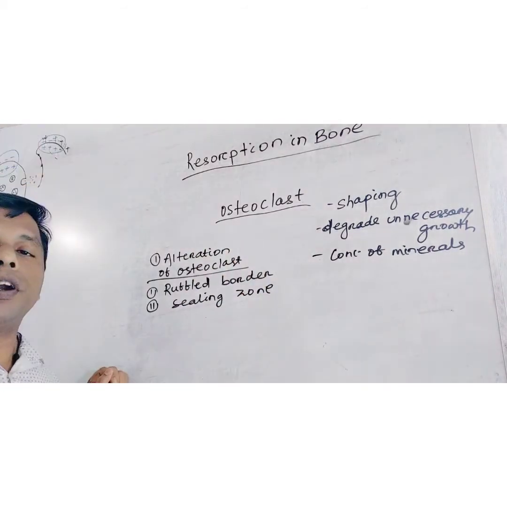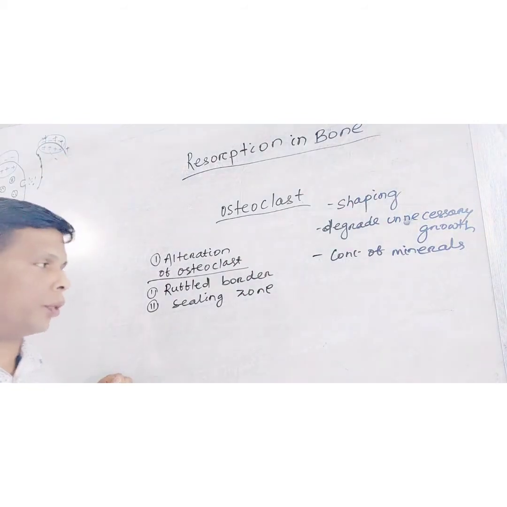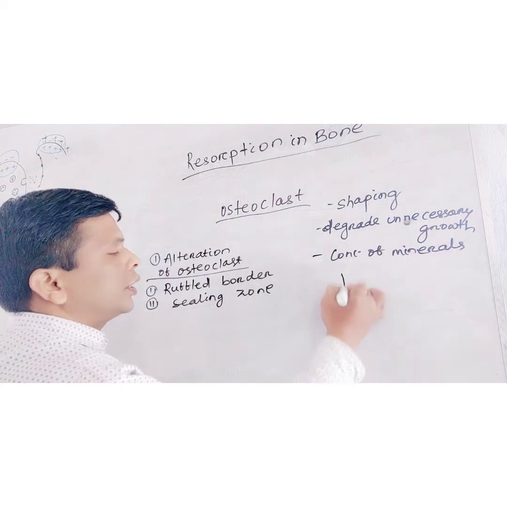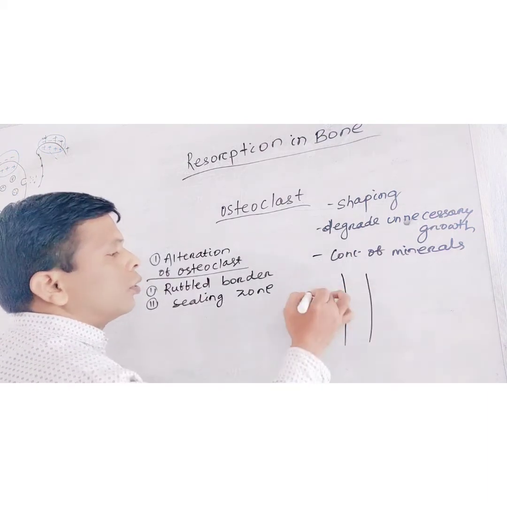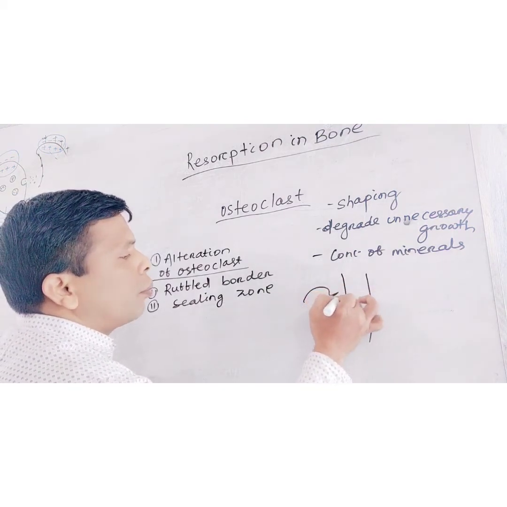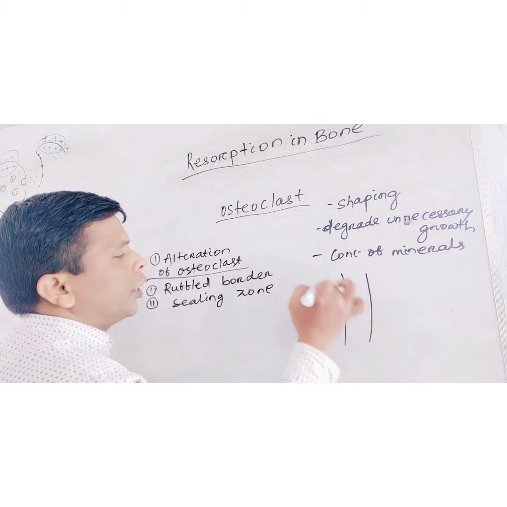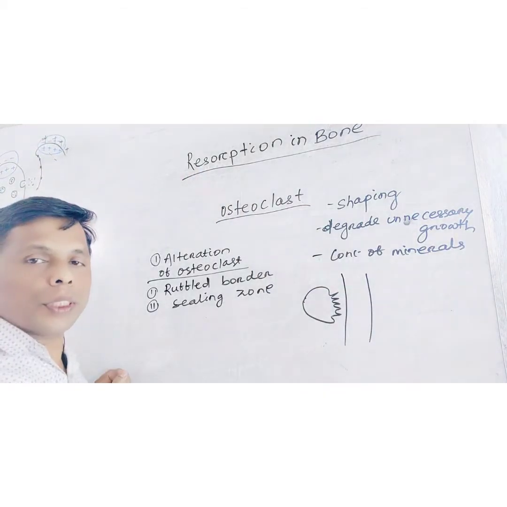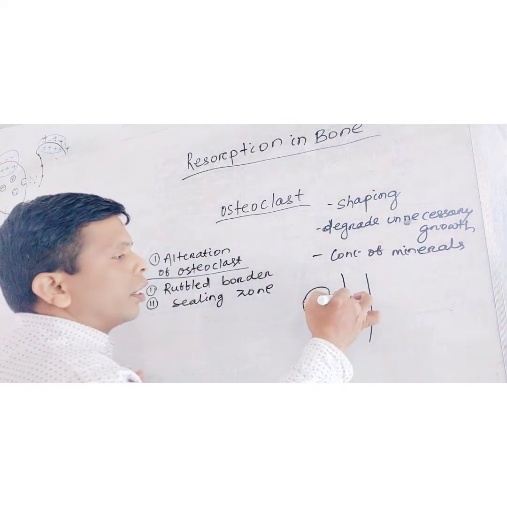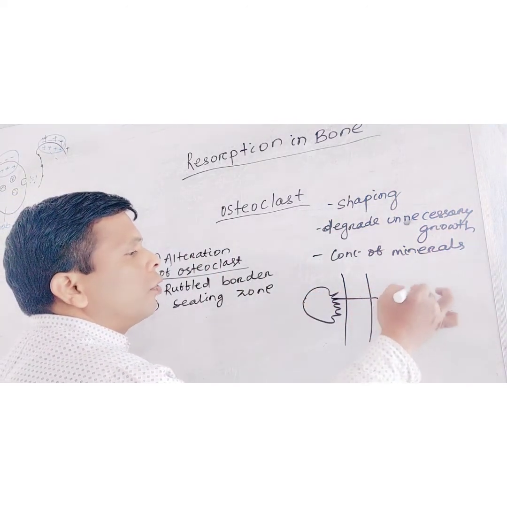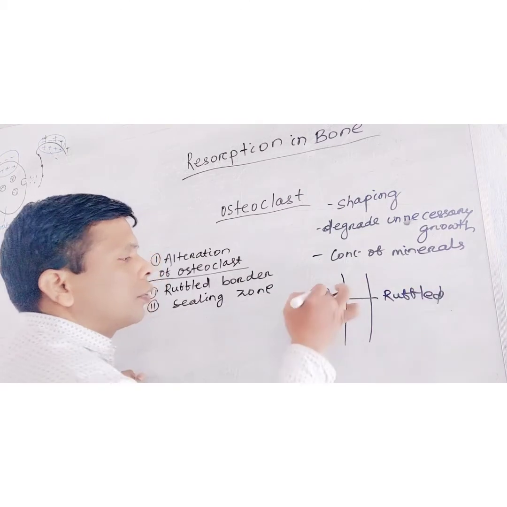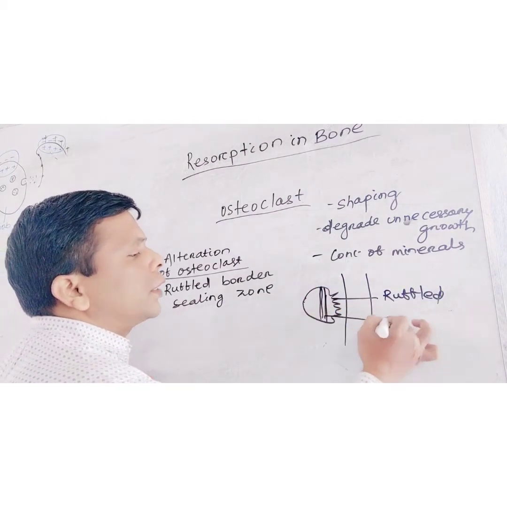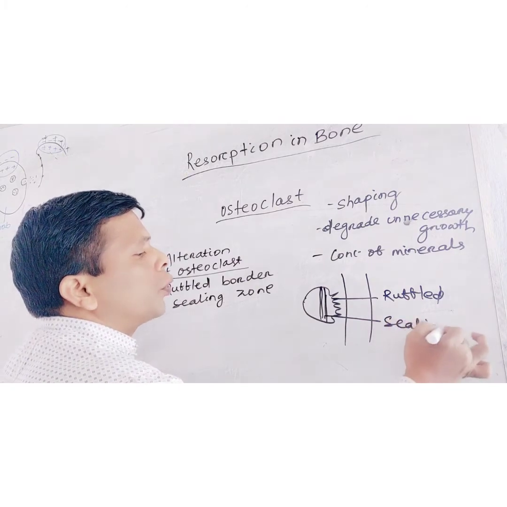What do you mean by ruffled border? Suppose this is the bone. When the osteoclast cell comes near it, it produces numerous teeth-like processes. It is called a ruffled border. Next to the ruffled zone is the sealing zone.